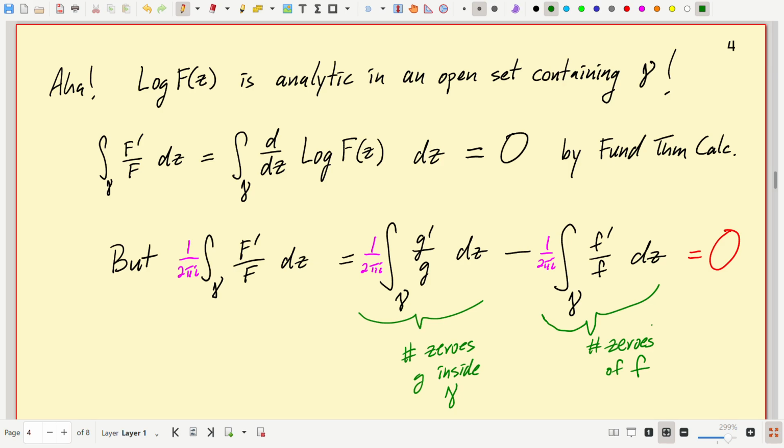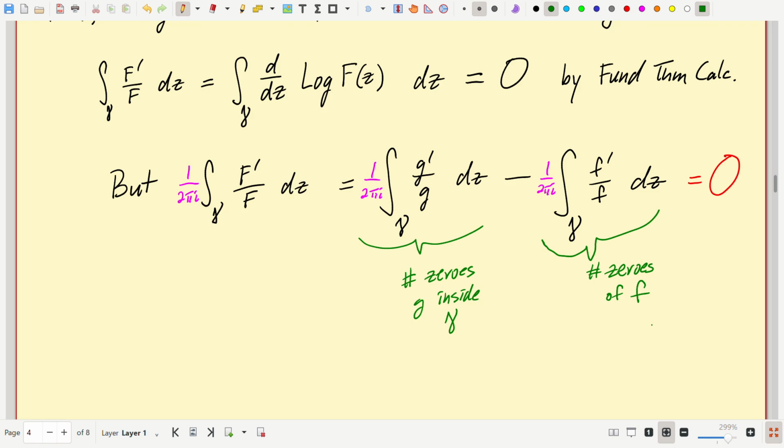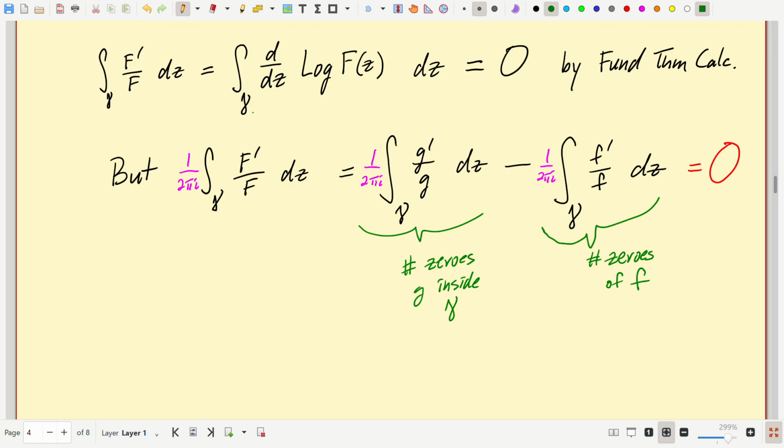Let's see. I guess I have time to do more. I guess it's important that this is a closed curve to make this 0.